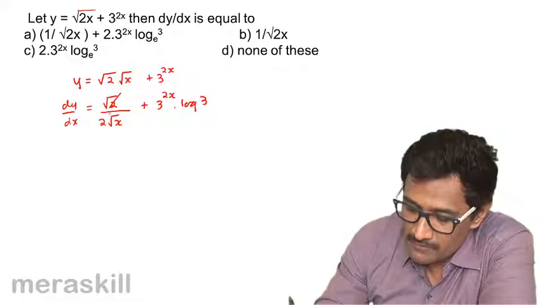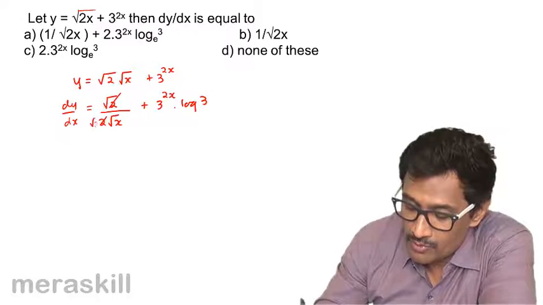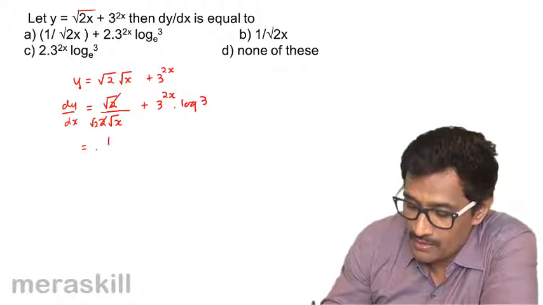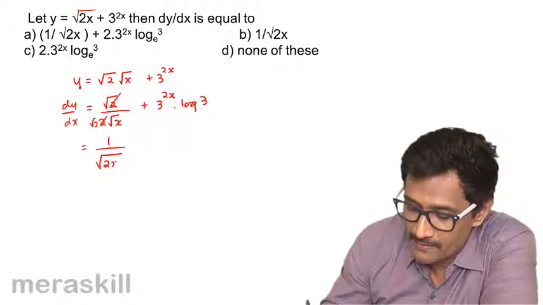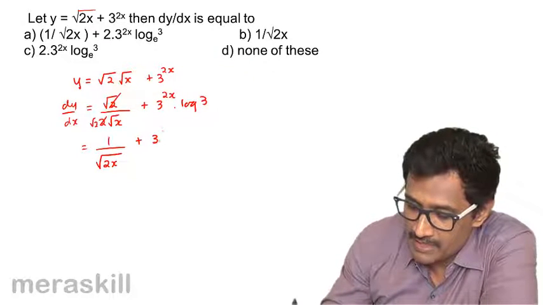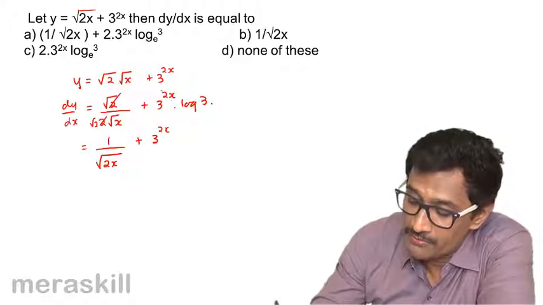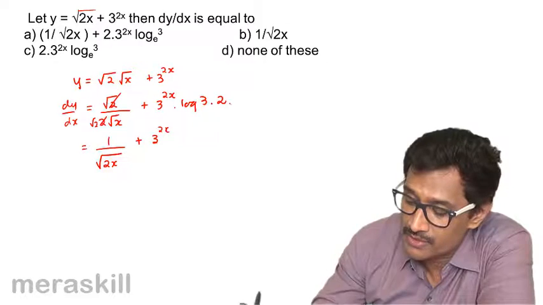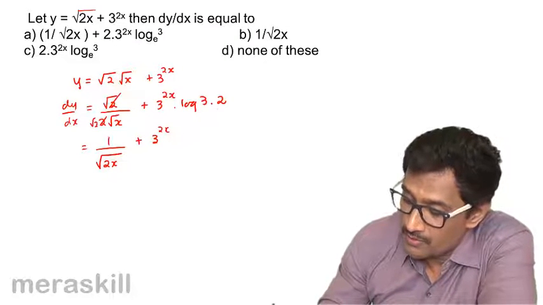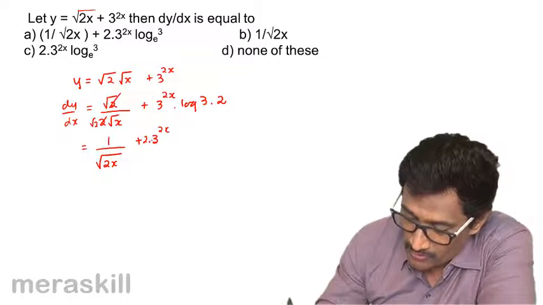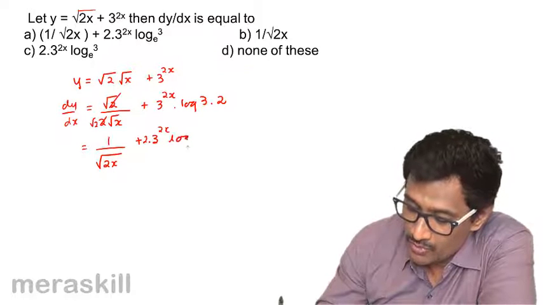So this of course can become 1 upon root 2x plus 3 raised to 2x, and then of course we also need to find the derivative of this 2x, which is 2. So 2 into 3 raised to 2x into log 3.